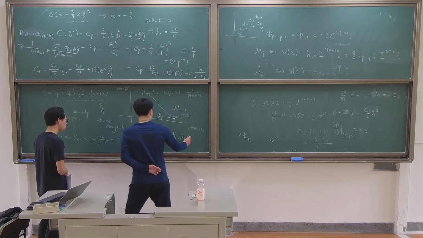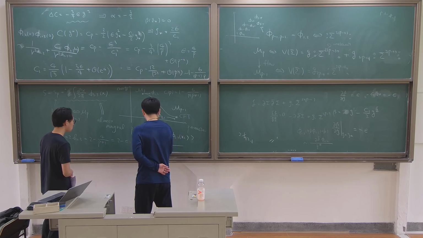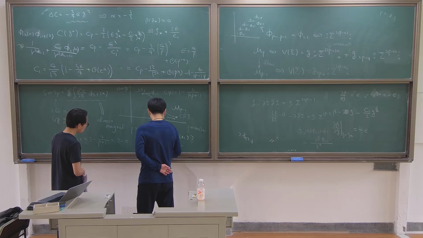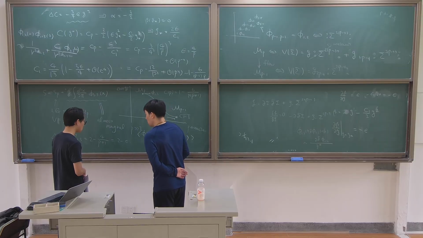So if you compute this one, then the three-point function has something like the form x 0 1 to some power, x 1 2 to some power, and x 2 0 to some power, and so on.